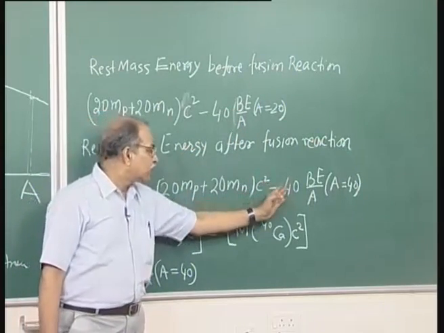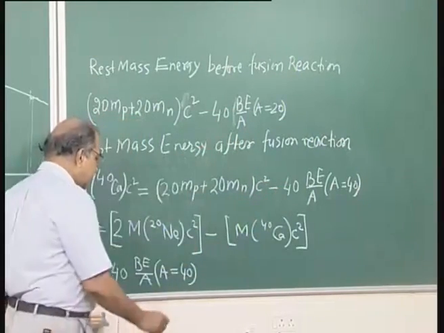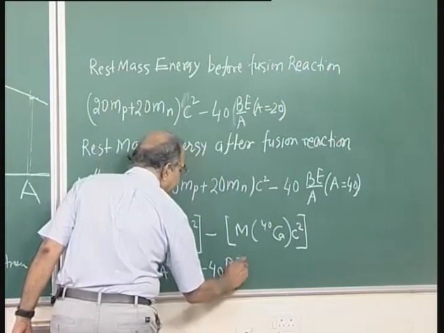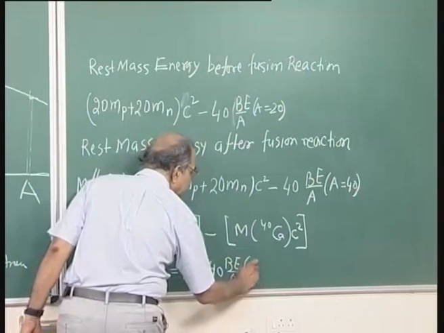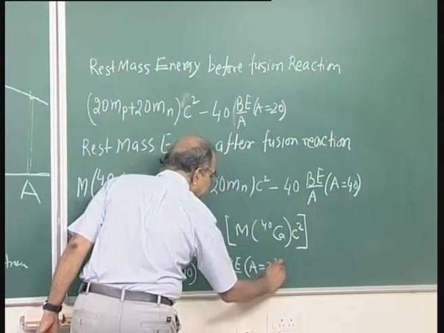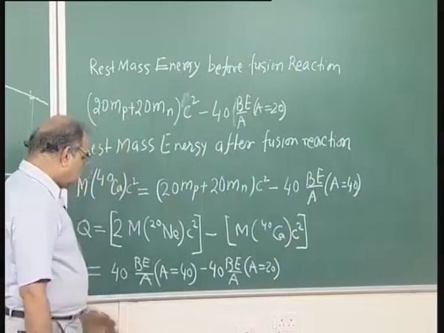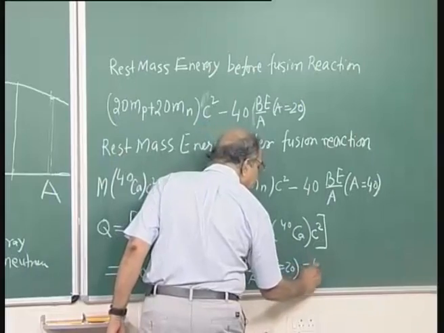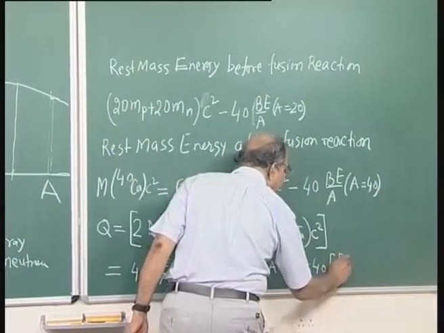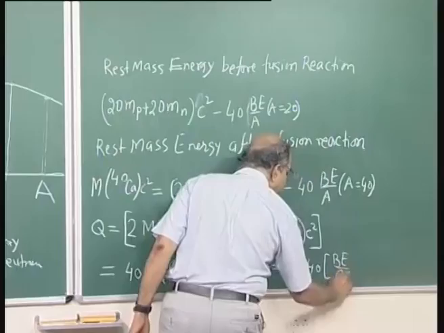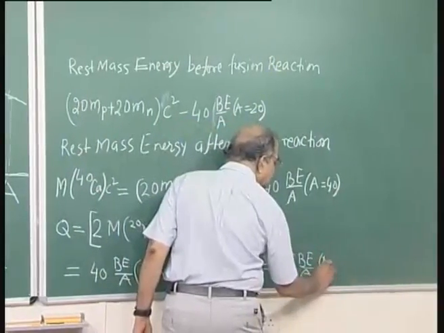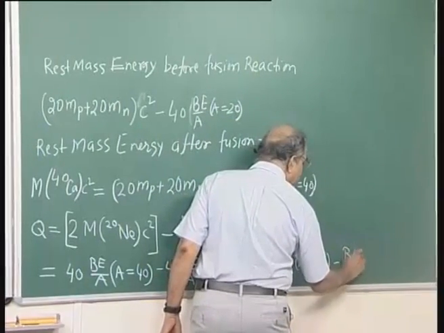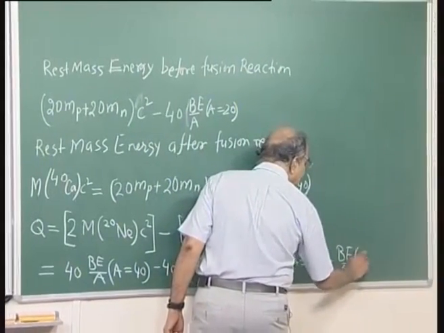So, this becomes plus 40 this, and here it is minus 40 times Be by A at A equal to 20. So, 40 also you can take common, and 40 multiplied by binding energy per nucleon at A equal to 40 minus binding energy per nucleon at A equal to 20.